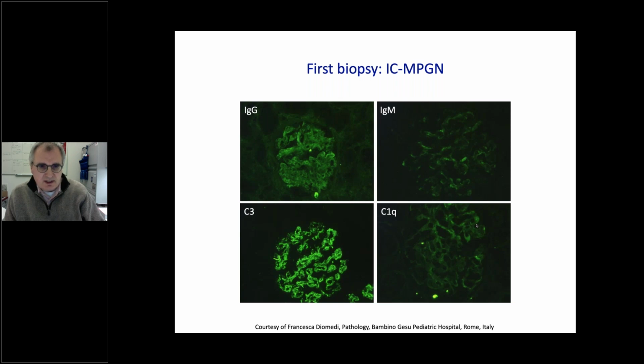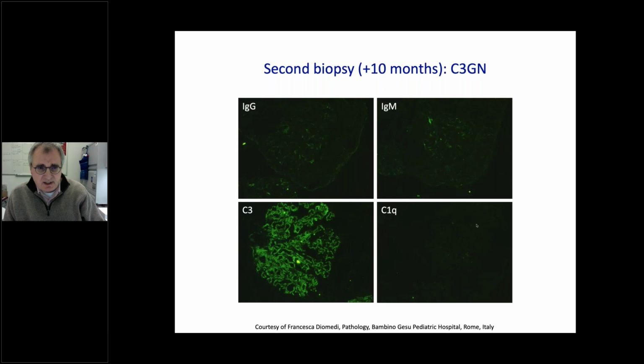What I'm showing you here is the IF of a child that on the staining I'm presenting has some IgG but strong C3 staining, and the diagnosis at that point was, in keeping with what I've just introduced to you, immune complex MPGN. IgM and C1q were close to background. 10 months later on biopsy, the IgG staining was gone, and this patient had almost exclusively signal for C3. So now the diagnosis is C3GN.